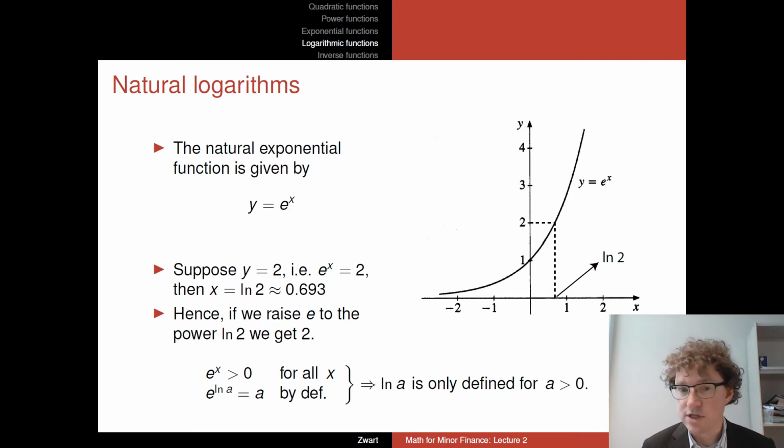That was the definition. Again, e to the power x is always positive, so this graph is always above the x-axis. And since e to the power log a by definition equals a, the log of a can only be defined for positive a's. So a equals 0 or a negative a will give an invalid question.